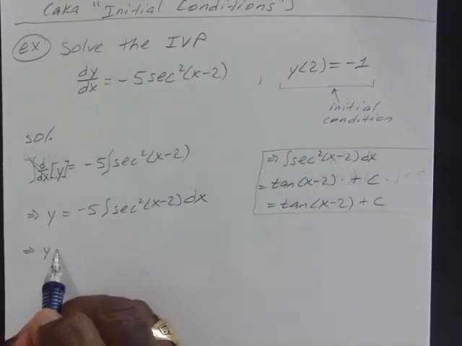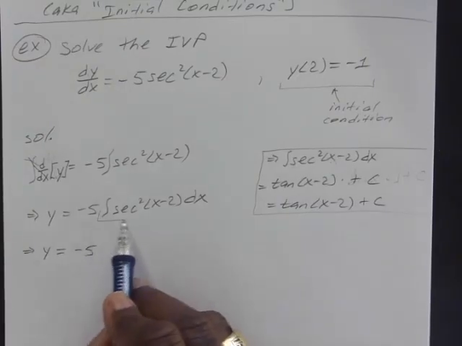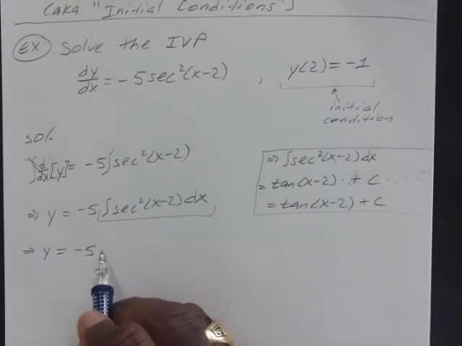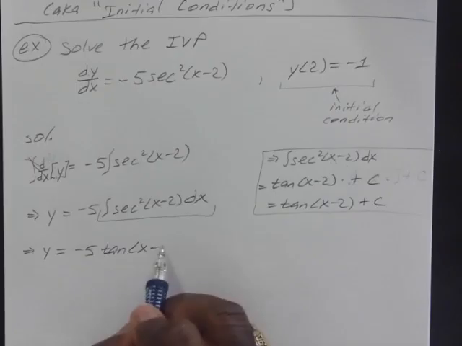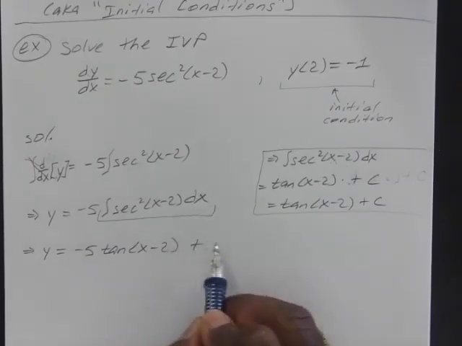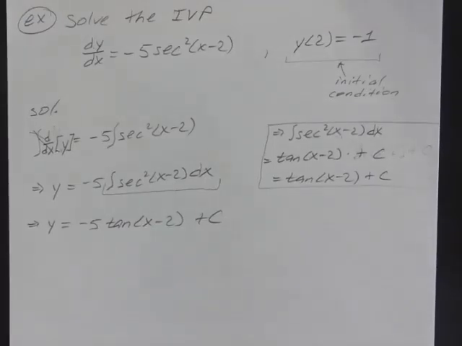So that gives us y is equal to negative 5, and this antiderivative just becomes tangent of x minus 2 plus c. Okay.